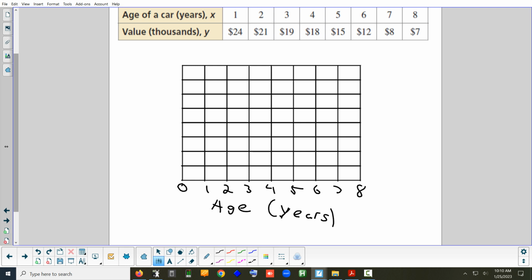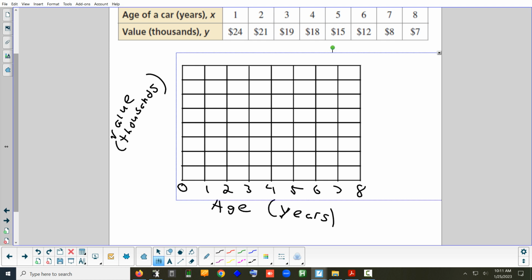Emily, what's going to be on the y-axis? The value. And that's the value. And that's in thousands. Okay, what's the highest value that I need to go up to? 24,000. Well, if I go by ones, like 1,000, 2,000, 3, 4, 5, 6, 7, that only gets me to 8,000.